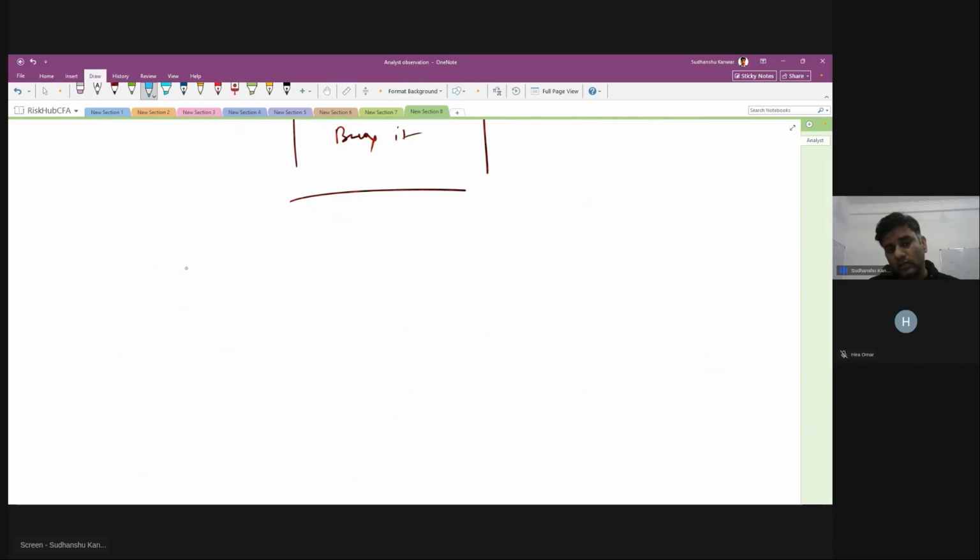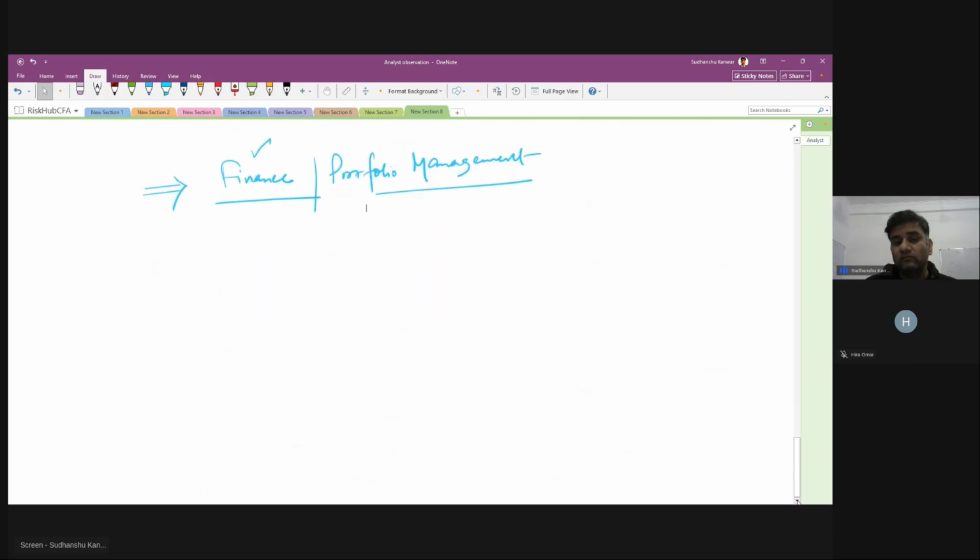If somebody asks you to define finance, or portfolio management, or why you study CFA, FRM, CQF, anything, can you define everything in finance in one line? The one line which I have created is that the whole of finance can be defined as: buy low, sell high.